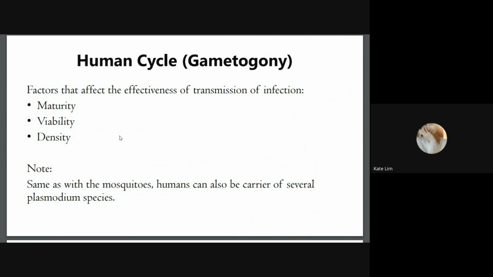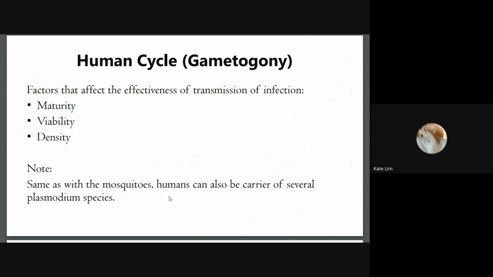But quick note. Humans can actually be carriers of multiple Plasmodium species at once. Meaning, it can actually affect how these factors would play out. It's like having a variety pack of parasites, each with its own characteristics that can impact the transmission.